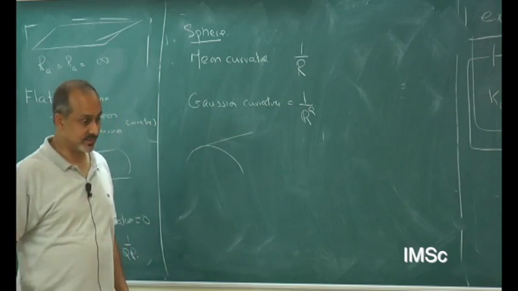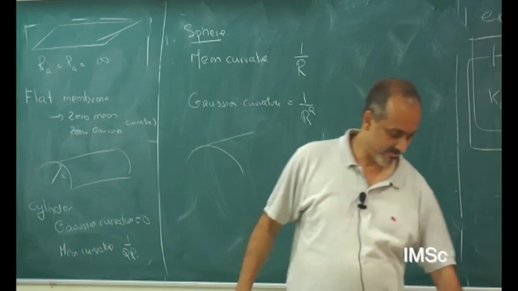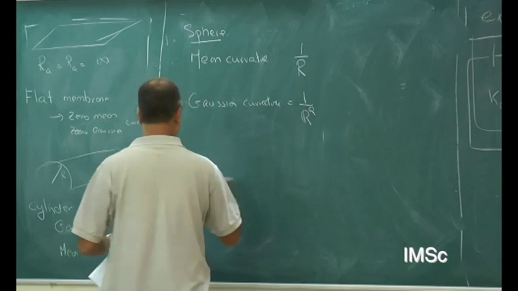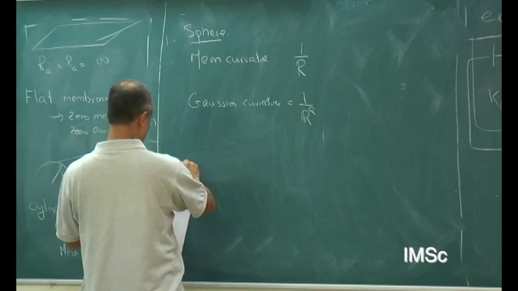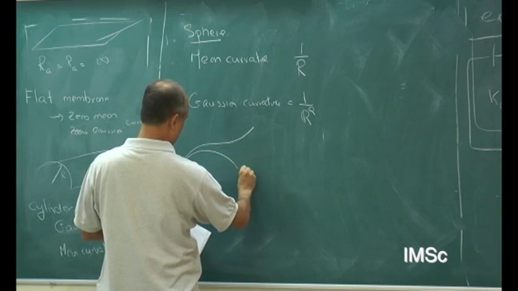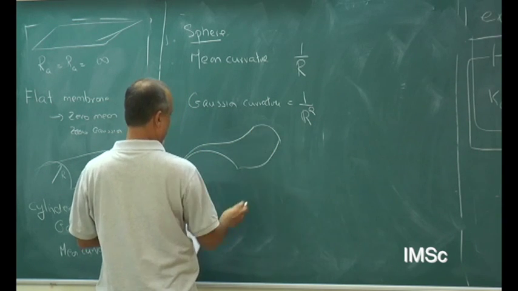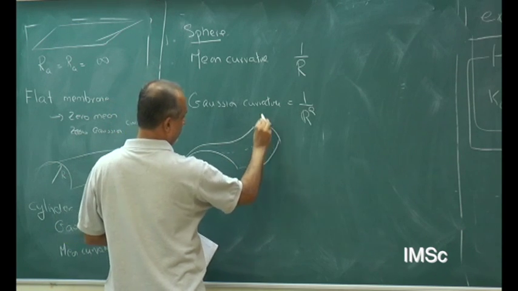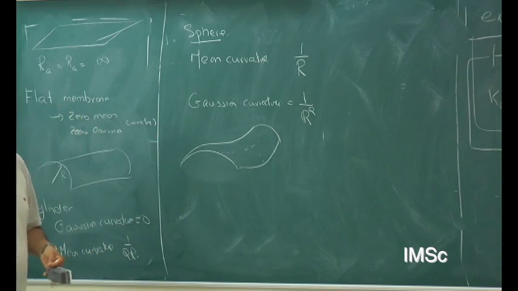What about a structure that looks a little bit like this? I can never draw this right. It bends down like that and bends up like that, about that point.